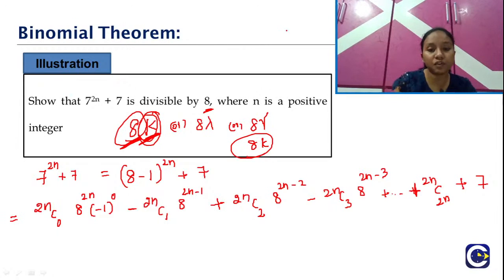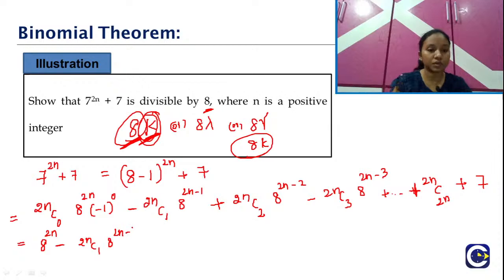So now as we have to prove that it is 8 into something, let's simplify this and see whether we can represent this as 8 into something or not. 2n c naught will be 1 only, so it will be 8 power 2n. Right? And here 2n c1, we can leave it as it is, and 8 power 2n minus 1.